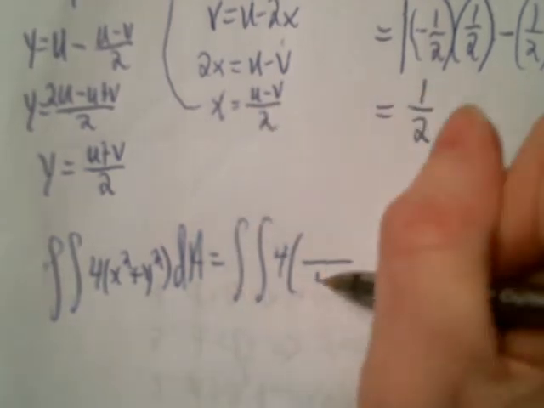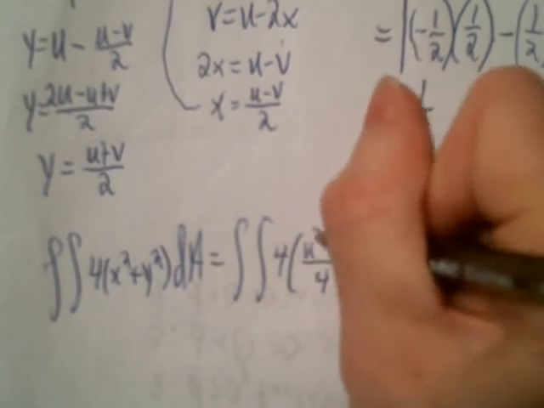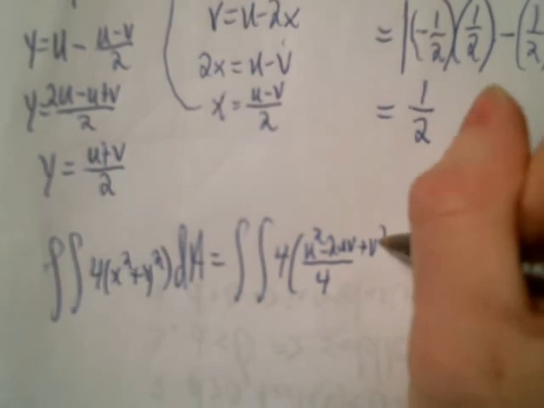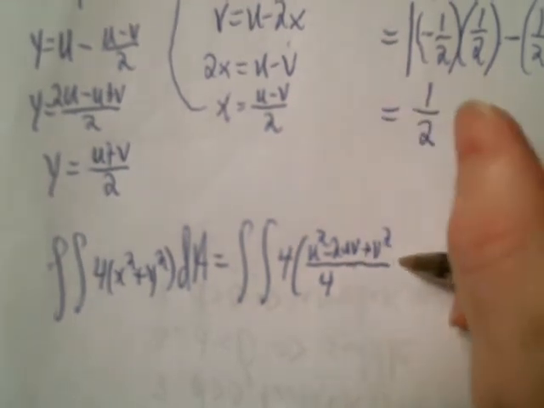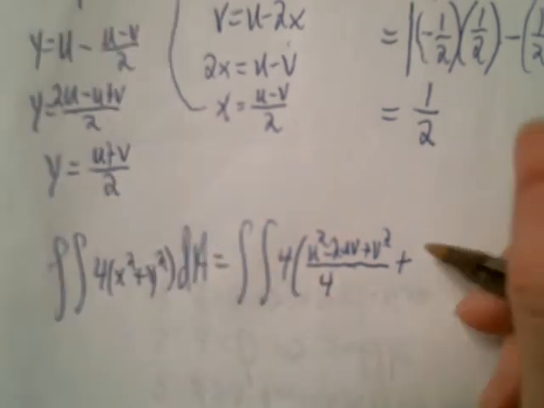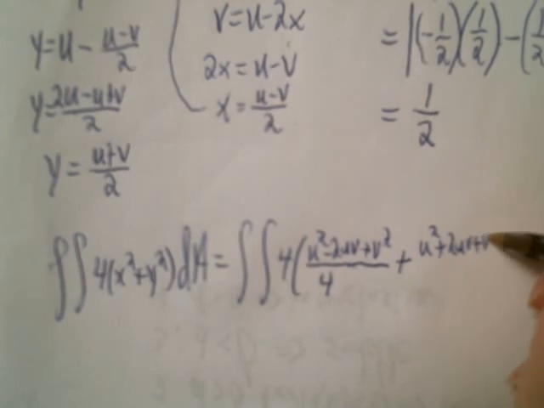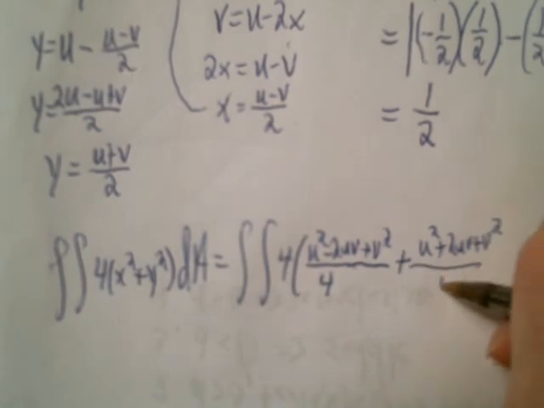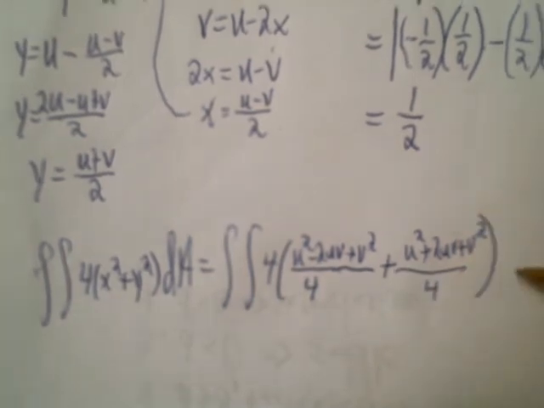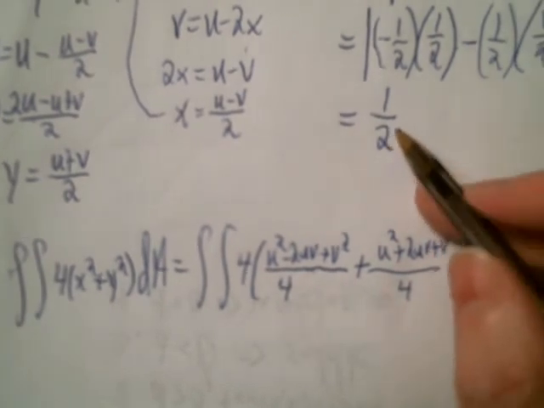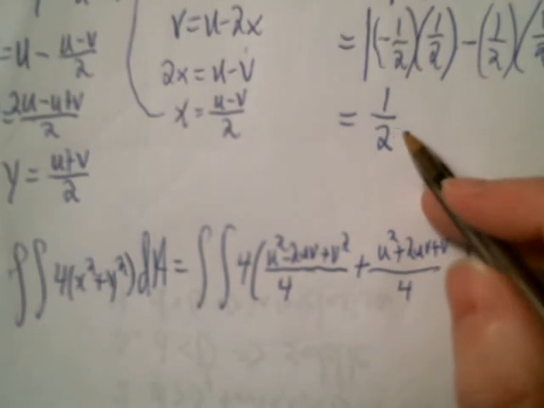So we have a 4 down here. (u minus v) squared is u squared minus 2uv plus v squared, plus y squared, which is (u plus v) squared over 4, so u squared plus 2uv plus v squared all over 4. And then times dA, which is now the Jacobian times du dv.